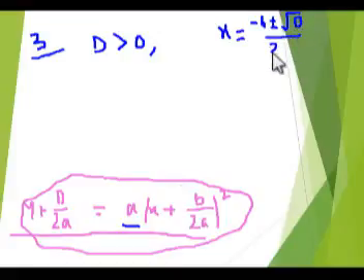So here you can look at this: if d is greater than 0, then we will have two roots, alpha and beta. So at the points alpha and beta, the parabola intersects the x-axis.